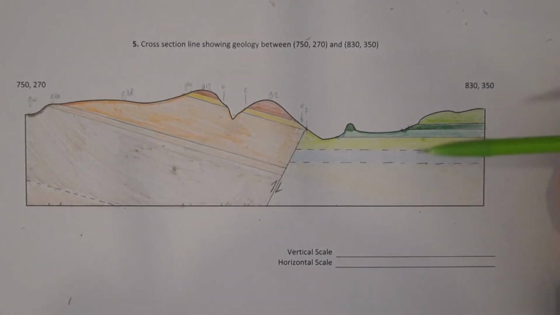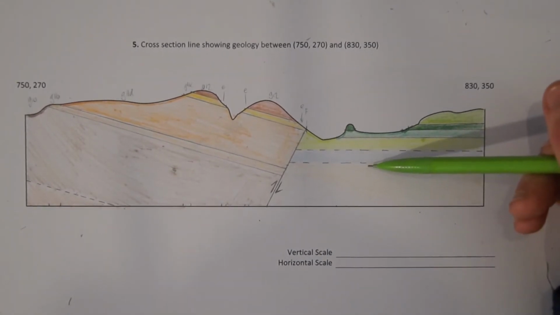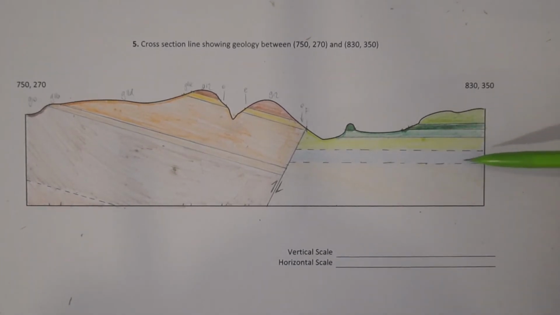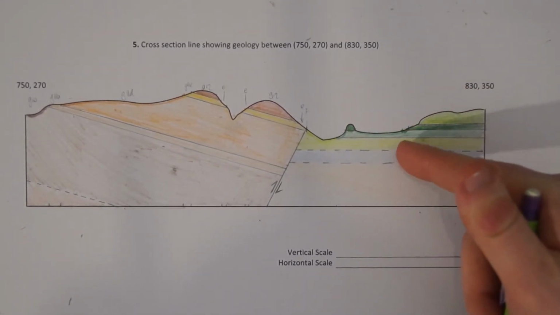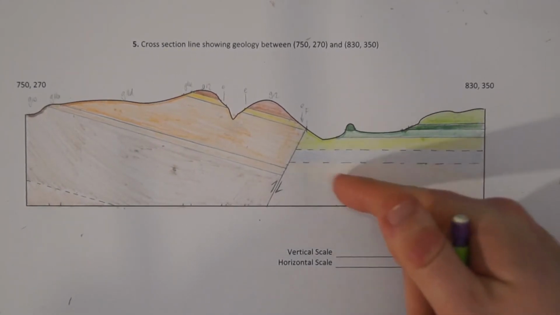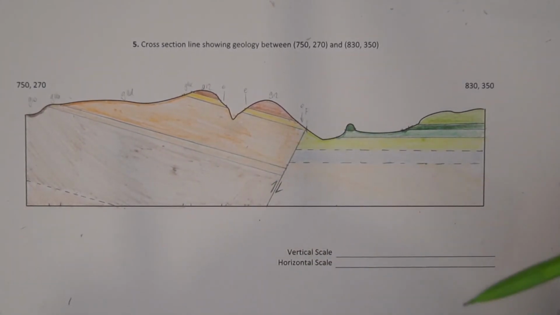So now what I have to do is try and understand what the geology beneath this Cretaceous unconformity is going to be. I know that if I were to drill down through the Cretaceous, through the unconformity, sooner or later I'd hit the Jurassic rocks. That's what the stratigraphic column tells us.